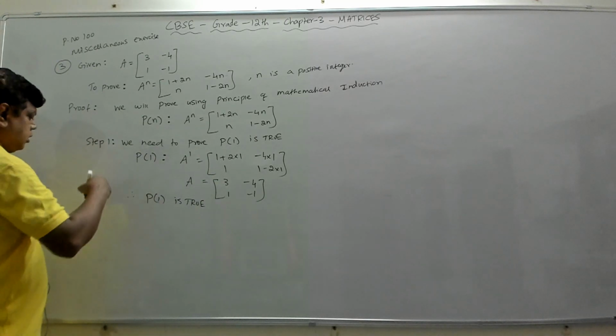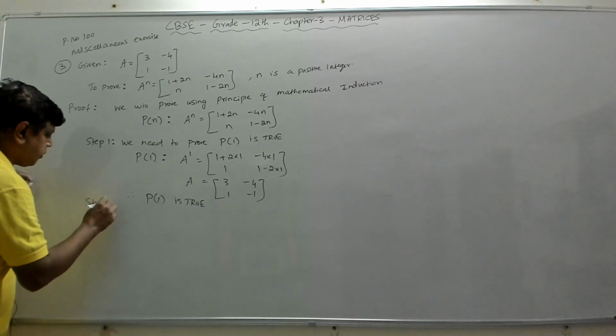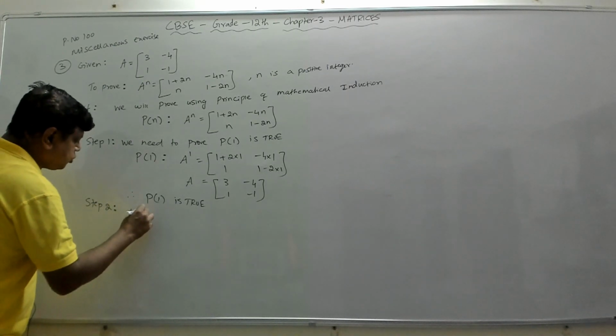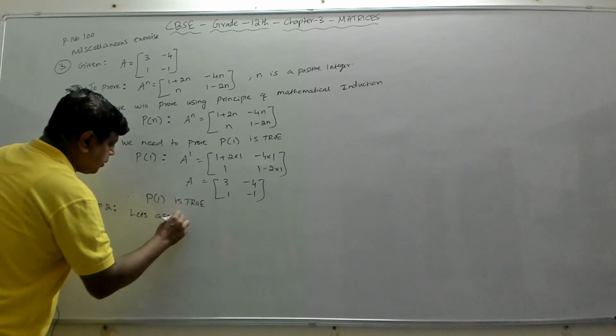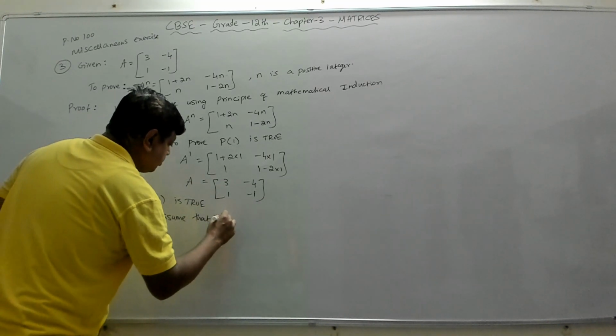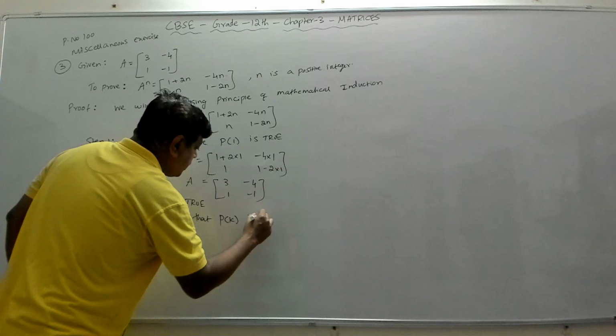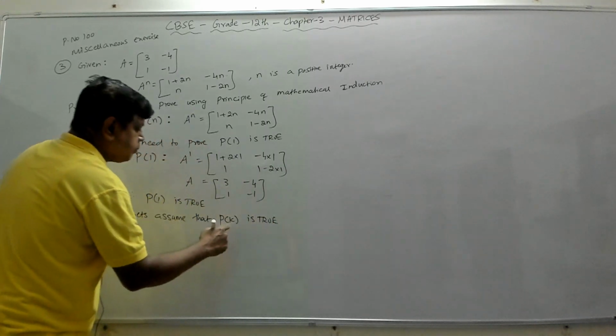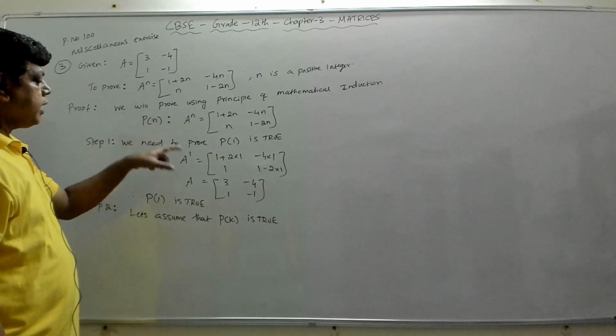Now our step 2 is we have to assume that P of k is true, which means n equal to k. P of k is true, which means I am substituting n as k.